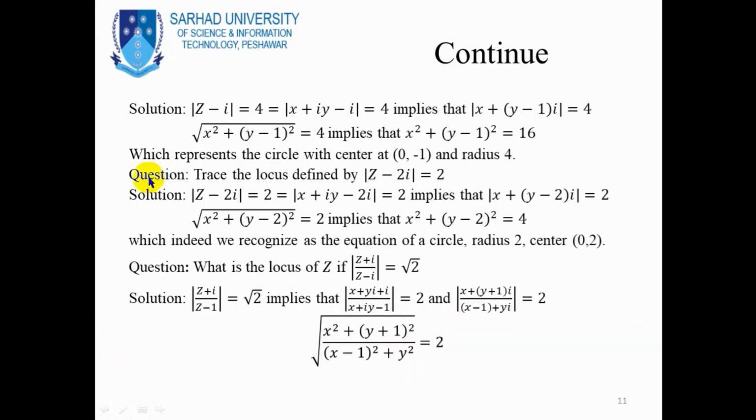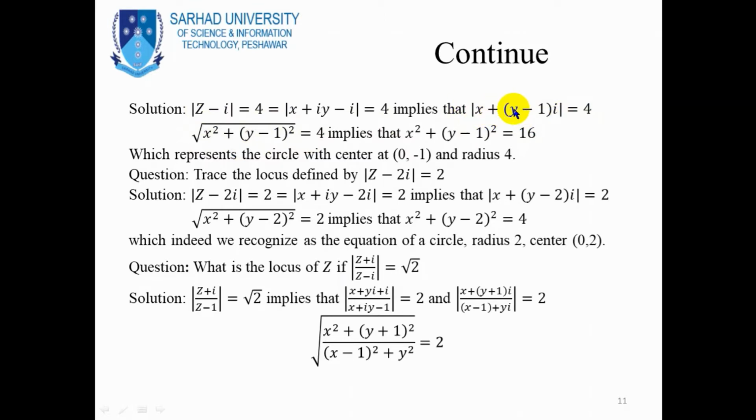So, dear students, suppose we have a complex number z equal to x plus iota y. So the magnitude of z minus iota is equal to 4, which is the magnitude of x plus iota y minus iota equal to 4. This implies that the magnitude of x plus (y minus 1) iota is equal to 4. Now taking the square root on both sides, this is actually the magnitude formula.